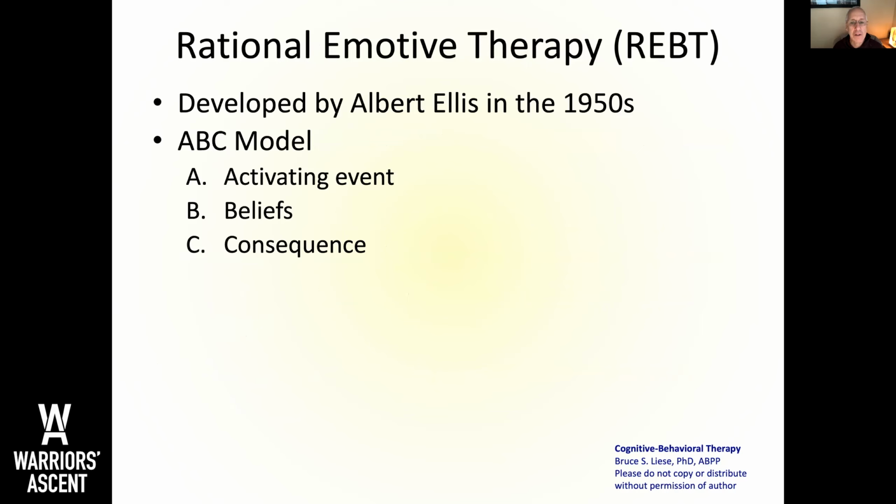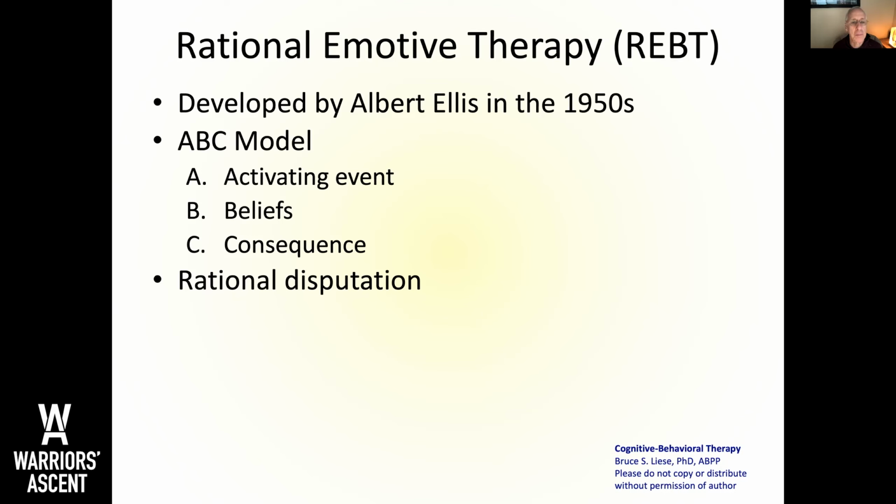You may have heard of rational emotive therapy. Most people have heard the name Albert Ellis. Albert Ellis, around the same time as Dr. Beck, came up in the 50s with the ABC model and emphasized rational disputation. If somebody says, "I'm a terrible person," in rational emotive therapy, the focus would be on changing that directly.